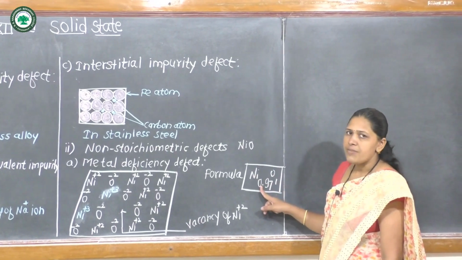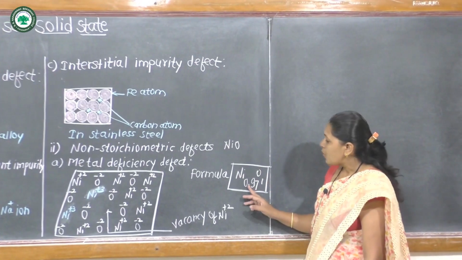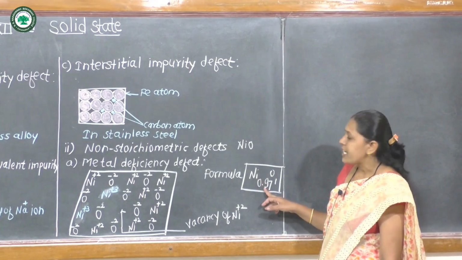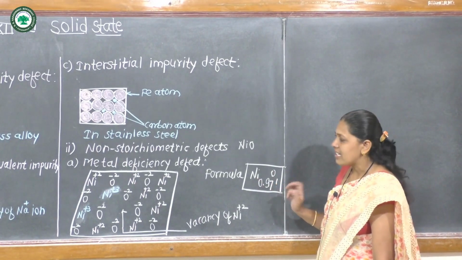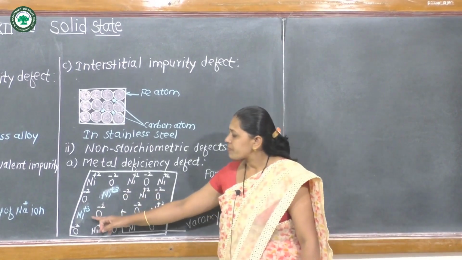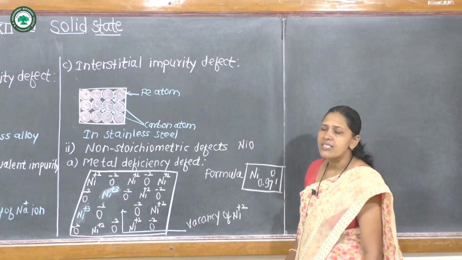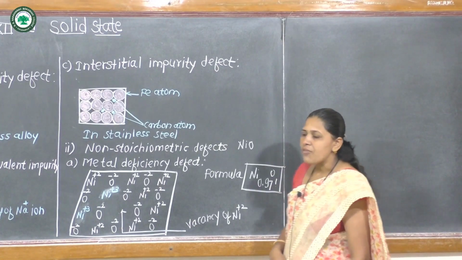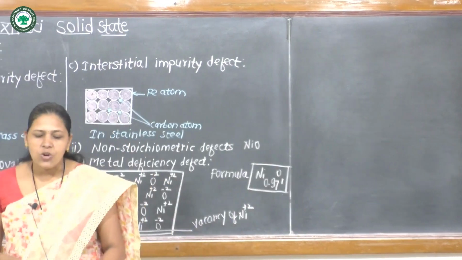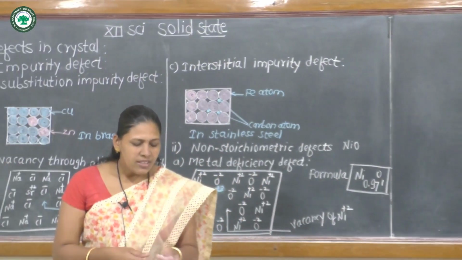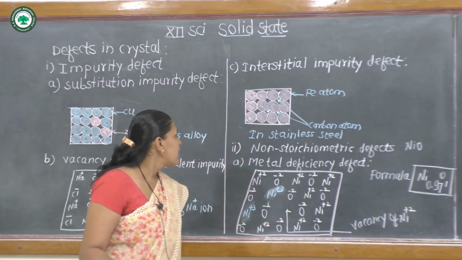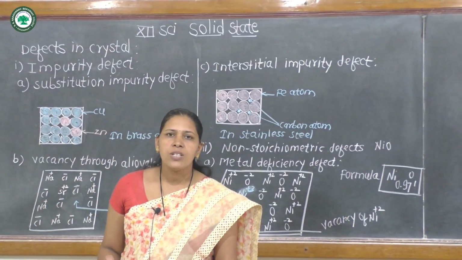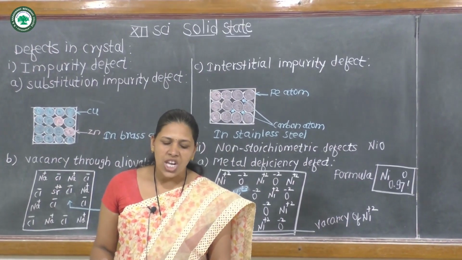Nickel atoms decrease from 1 to 0.97, nickel 0.97, and oxygen is as it is, because here nickel +2 ions are replaced by nickel +3 ions. Therefore the chemical formula of nickel oxide undergoes change. These are non-stoichiometric defects in which the chemical formula of the compound undergoes change.